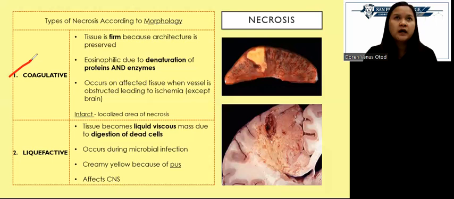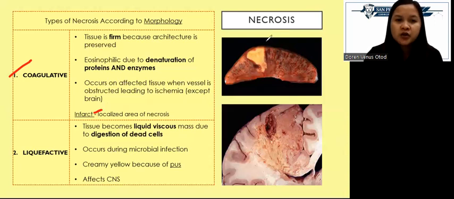So according to its location, this is a localized type of necrosis. And the tissue or organ with this type of necrosis appears firm, looks like it was cooked, and the tissues will appear dull or dirty.